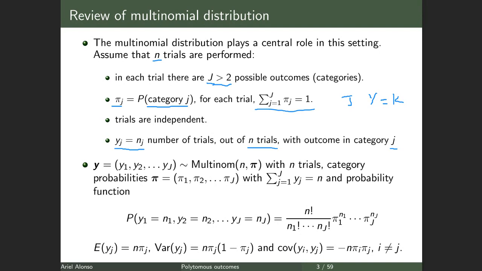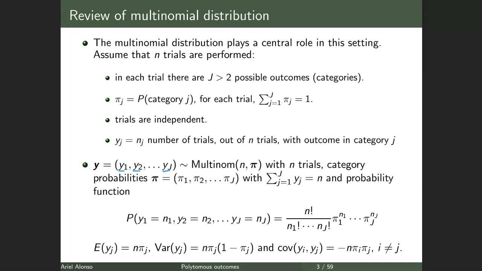And then we can construct a vector with J dimensions, with a variable for each possible outcome. In this vector, y1 is the number of times we got outcome 1 in the trials, y2 is the number of times we got outcome 2, and so forth. yJ is the number of times we got outcome J in the trials.